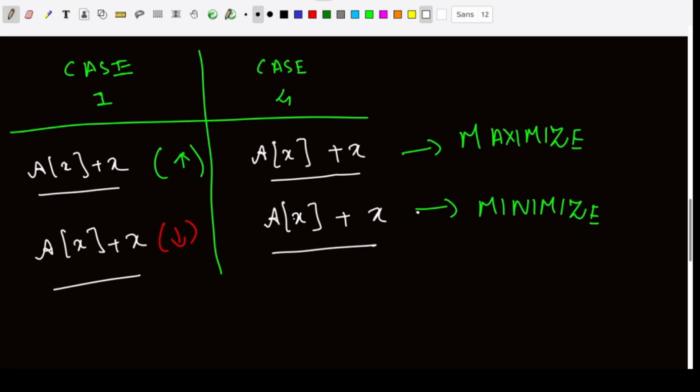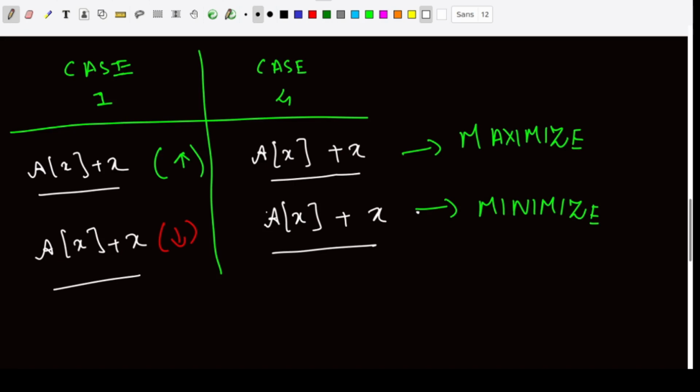Try to understand it from an intuitive perspective. In case 1 and case 4, the term we were maximizing is the same, and the term we were minimizing is the same, and that is why the resultant maximum value minus minimum value will be the same for case 1 and case 4.